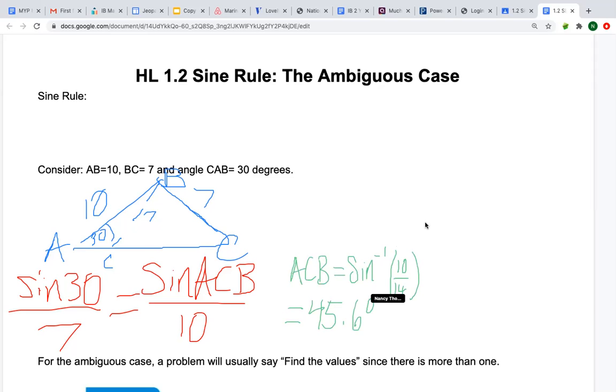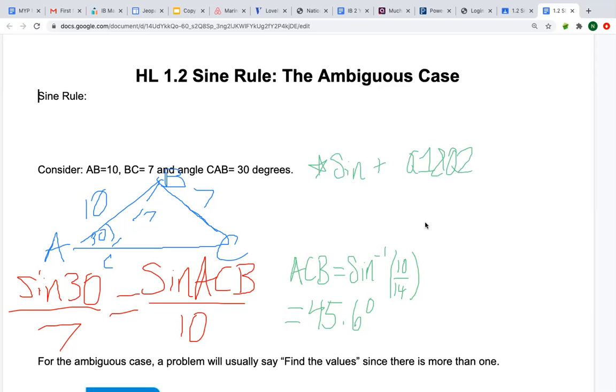Now this is equal to 45.6. Now the first thing you have to remember with these problems is sine. Remember, in your unit circle, sine is positive in the first quadrant and the second quadrant. And since it's positive in both quadrants, we have to do every problem.